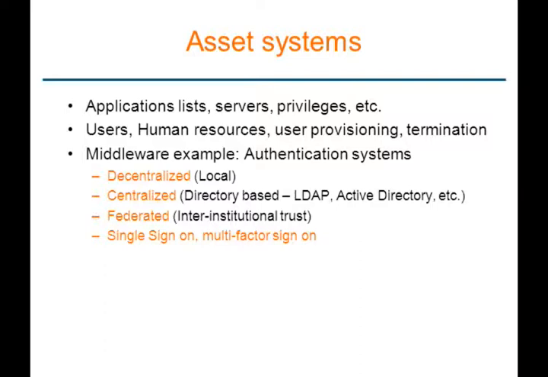NYP can have their own centralized authentication system. But there is a trust associated with each other, so that if somebody authenticates in one place, we will not re-authenticate in the other place. And as long as we get to know through the trust that we have created with the other authentication system who this person is, we can then continue and give them access to applications. And the method there is called federated authentication, which is interinstitutional trust.